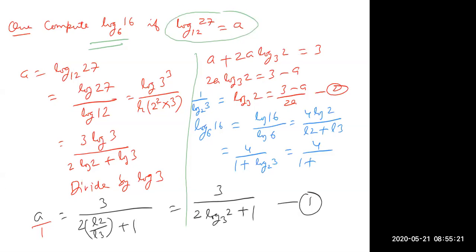So log 2 3 will be equal to 2a upon 3 minus a. Now you can solve it. So this will be equal to 4 into 3 minus a upon 3 minus a plus 2a. So this is equal to 4 into 3 minus a upon 3 plus a.